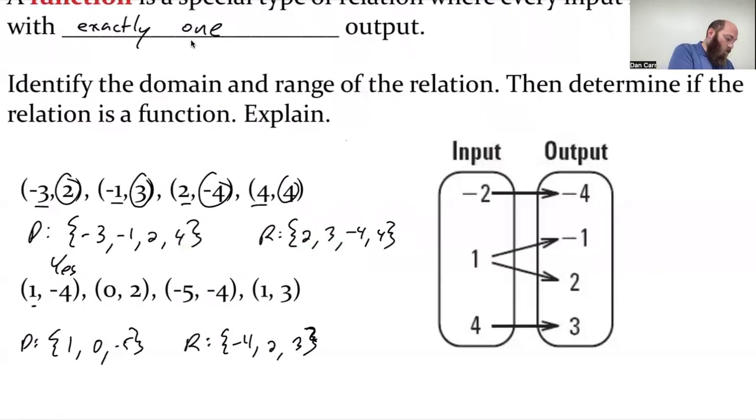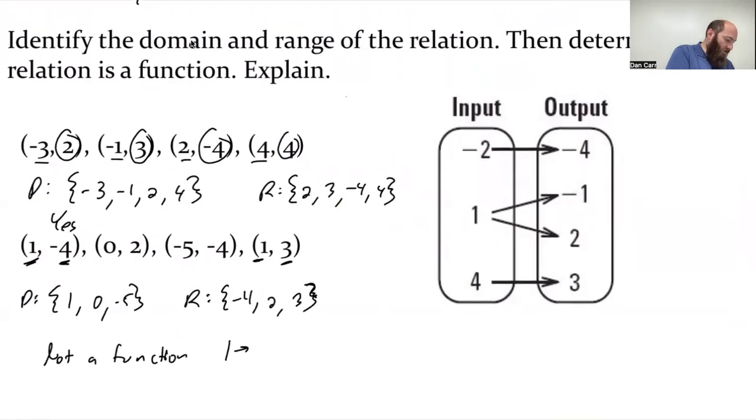Since 1 goes to -4 and 1 goes to 3, we are repeating the input of 1. This is not a function. My reasoning is that 1 is mapped to -4 and 1 is mapped to 3. We can't have one input going to two outputs.